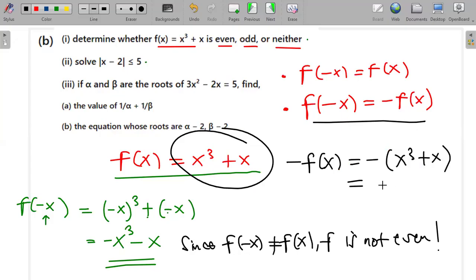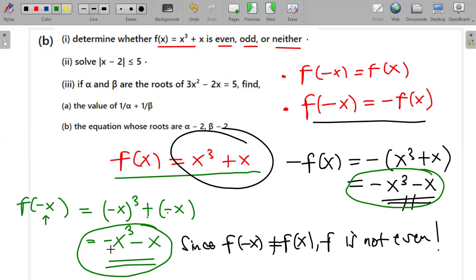So you see that what I get is minus x to the power 3 minus x. So now look at what we found here. If we compare this, which is minus f of x, to f of minus x, we see that they are the same. Because this is minus x to the power 3 minus x, and this one here is also minus x to the power 3 minus x. So they are the same.